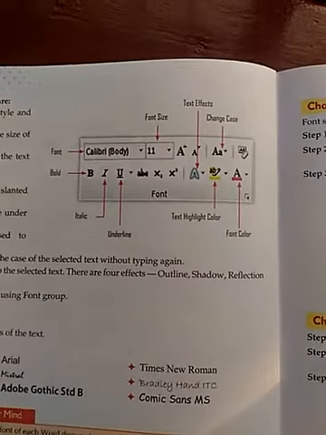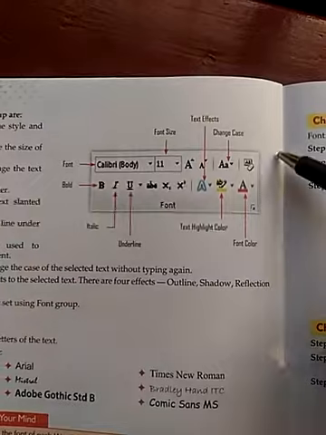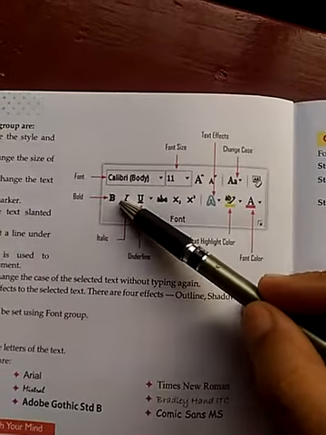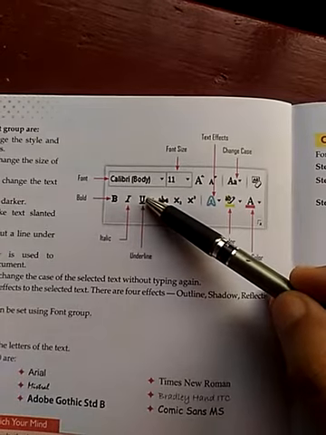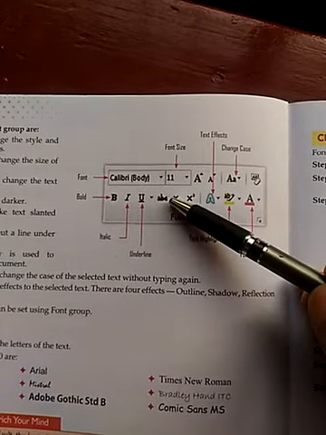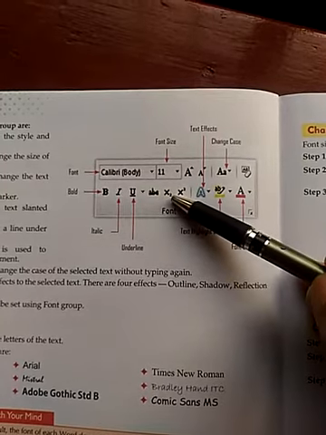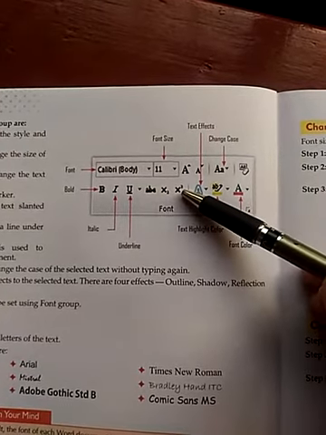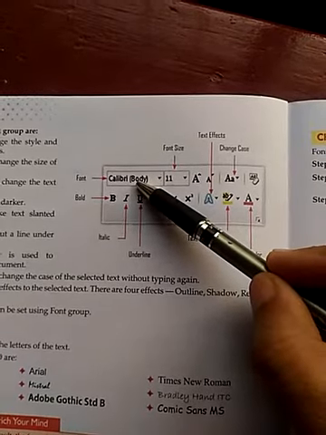In MS Word, on the Home tab, you will find these options. B is for bold, I for italic, U for underline. This is strike out the text, subscript, superscript. This is the type of font.